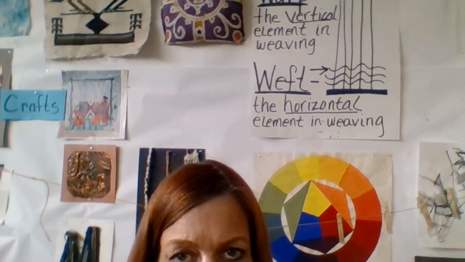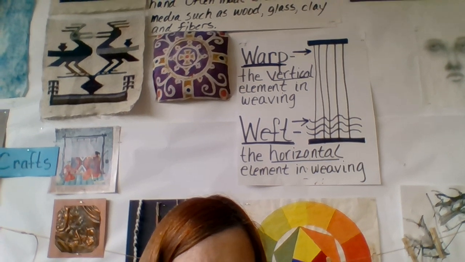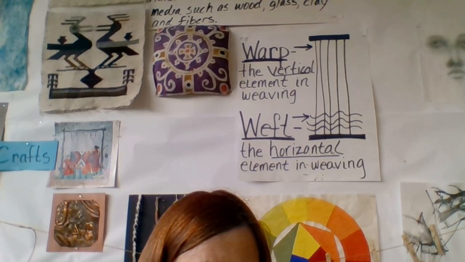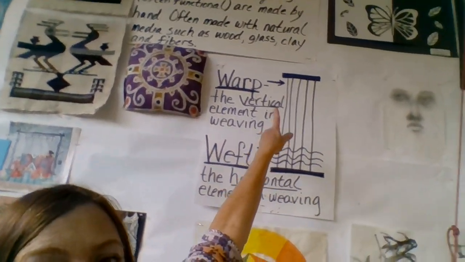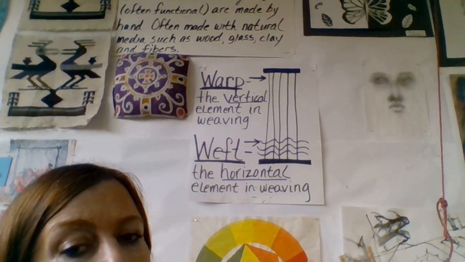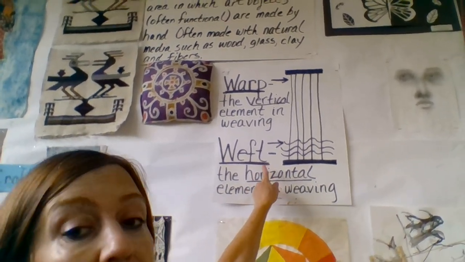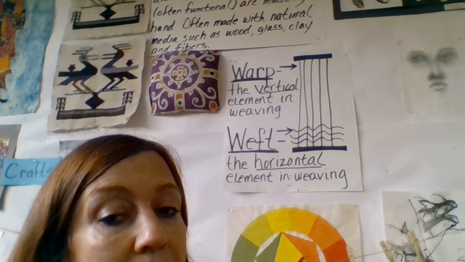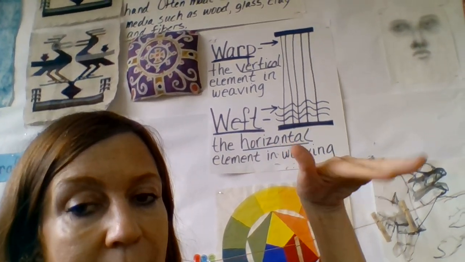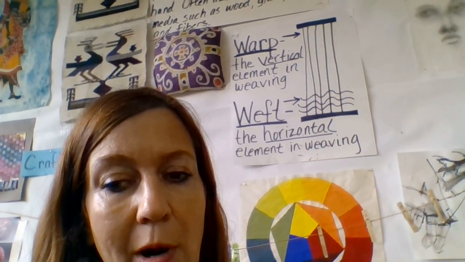What I want you to start getting used to is using these terms, warp and weft. Warp is the vertical element in weaving. Those are the strings that stay still, so that's these up and down. The horizontal element is the weft, W-E-F-T, and those are the fibers that you weave into the warp.